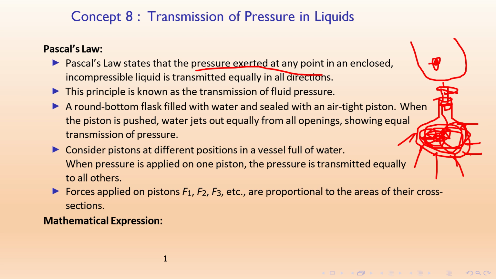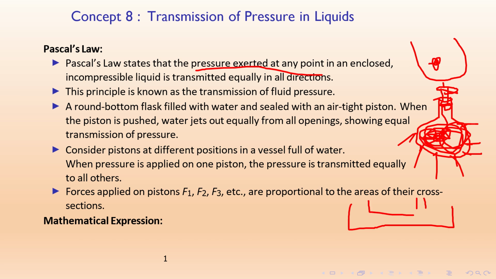Means if you have multiple pistons, instead of holes, all the pistons will move equally at a time. The forces applied on the pistons F1, F2, F3, etc. are proportional to the areas of their cross section. If I take a simple example, let us take these three containers.